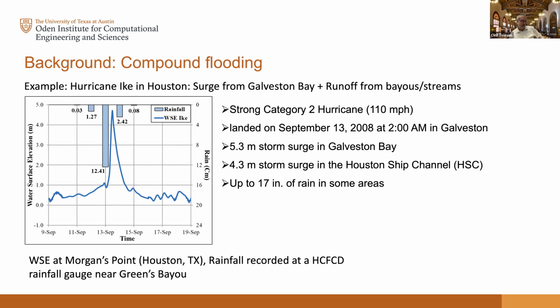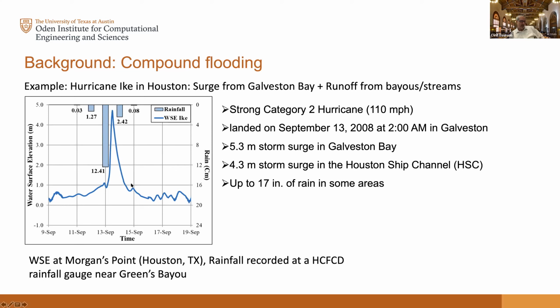If we look at this graph on the left, the blue curve is a water surface elevation gauge at Morgan's Point in Houston, and you can see the storm surge coming in and then peaking and leveling off. But there was also some contribution from rainfall.